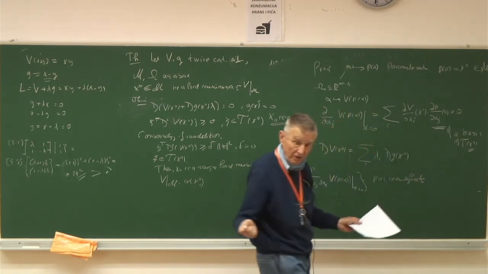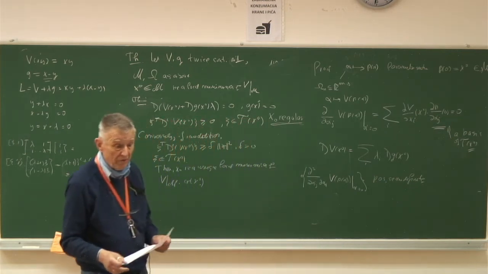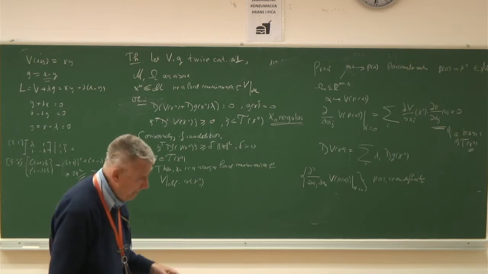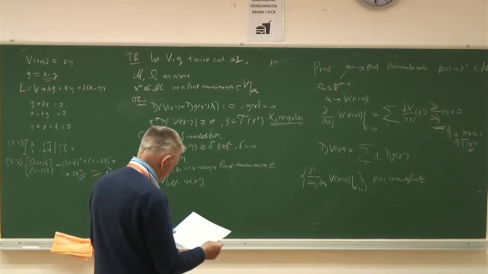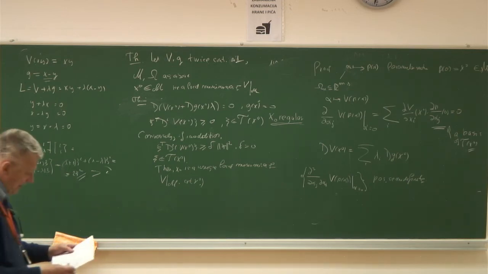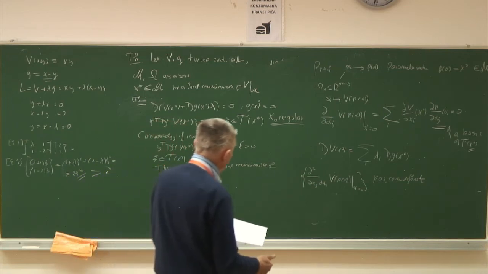That's again the general theory. A function of m minus s variables has a minimum. But now you have to compute this.